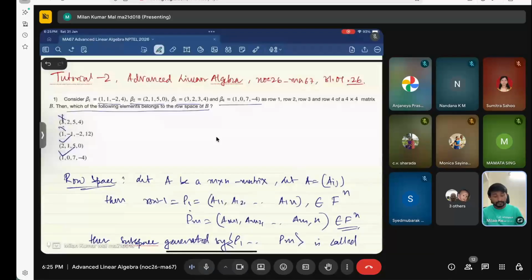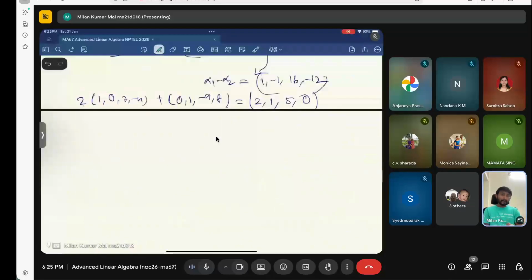Till now, whatever I have discussed, is there any doubt regarding this problem? If you have any doubt, you can ask. I will try to explain again. And if you have any other doubt regarding this course material, you can ask.